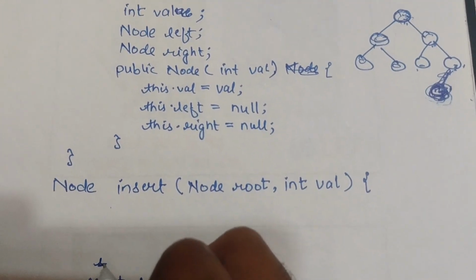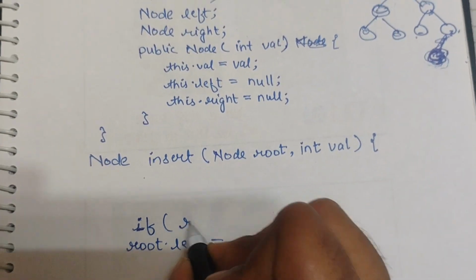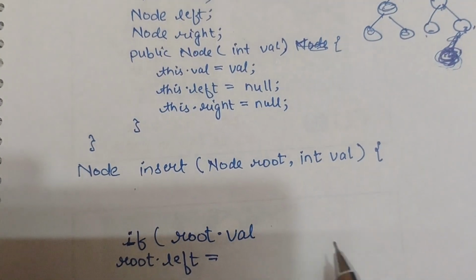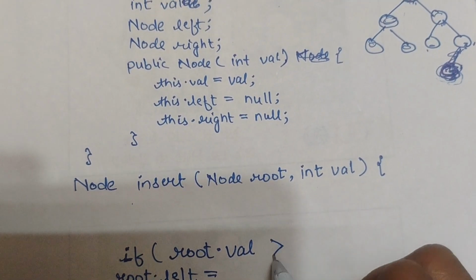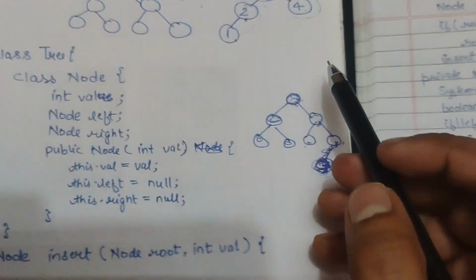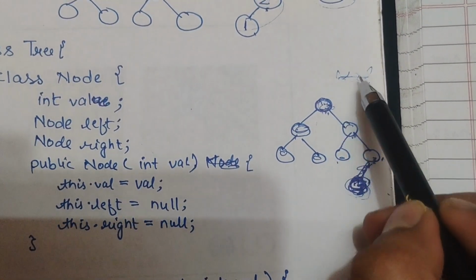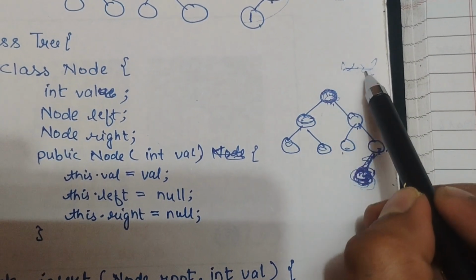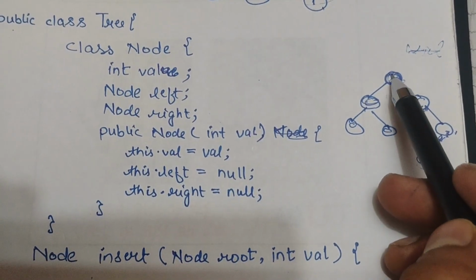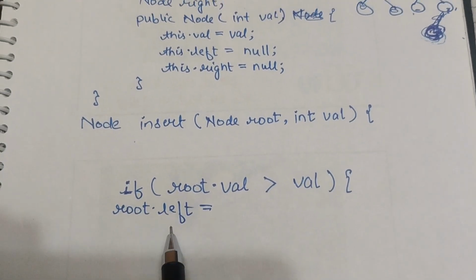So here I will write: if root dot val, the value of the root, is greater than this val, that means if the value at this node is greater than the required value, then it should come at the left.